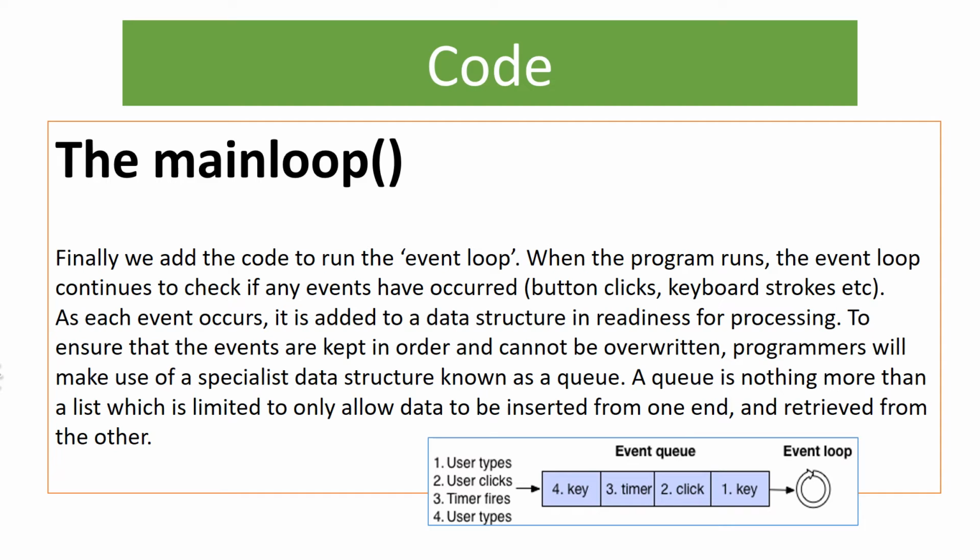That's because we might have a series of buttons or input fields that we're waiting for an input from the user. Once that happens, it's added to a data structure in readiness for processing, usually a queue. This ensures that they're kept in order and are not overwritten.